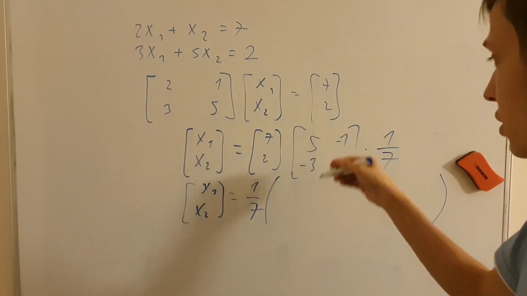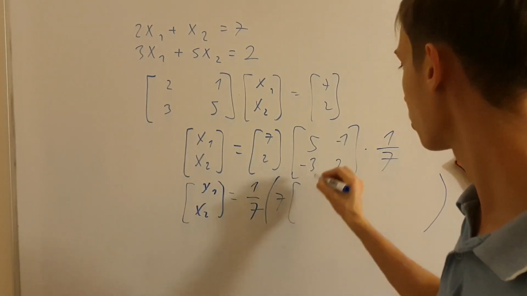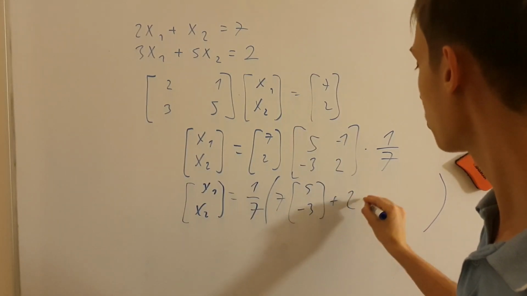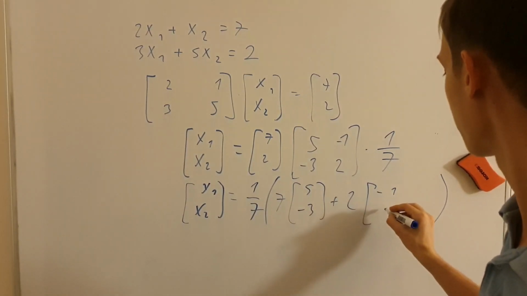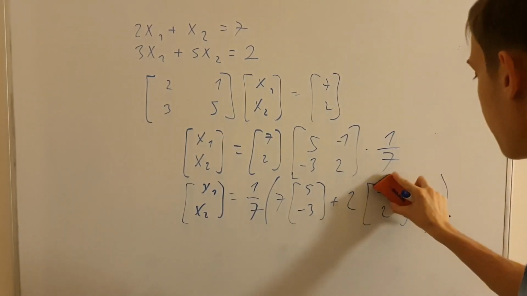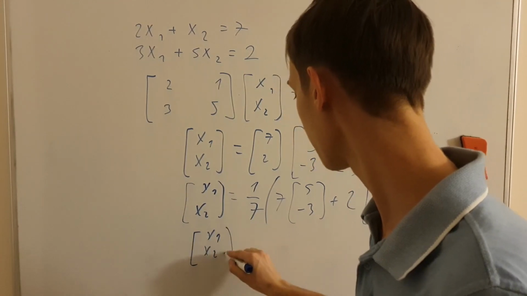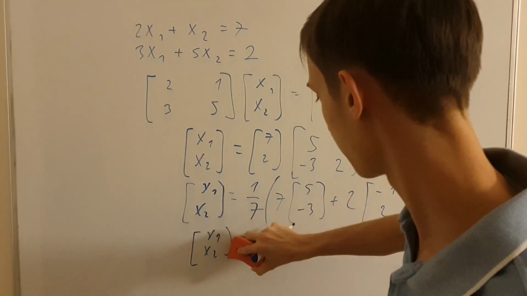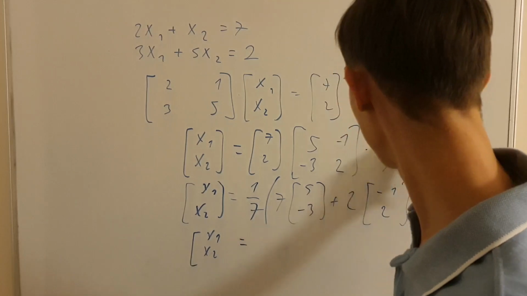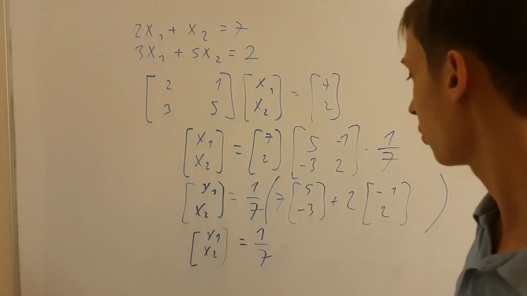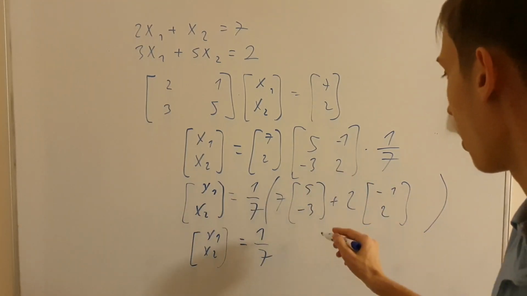That's this vector by matrix multiplication. So the 7 goes right here, 7 multiplies the first column, and the 2 multiplies the second column, as follows. And what this gives is basically x1, x2 equals 1 over 7 times, and now this can be evaluated.